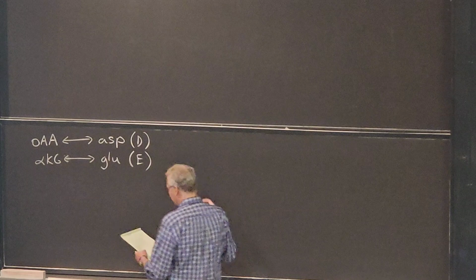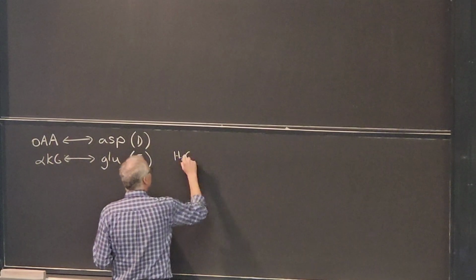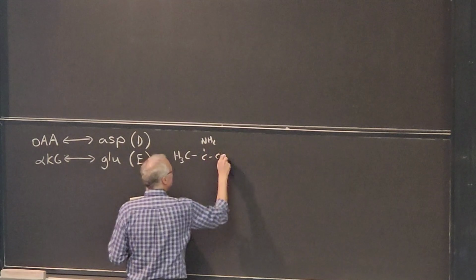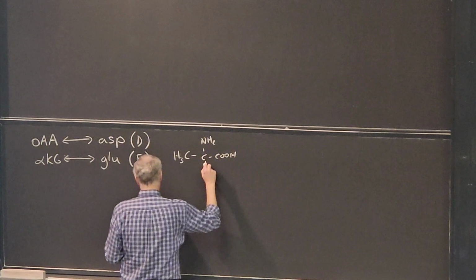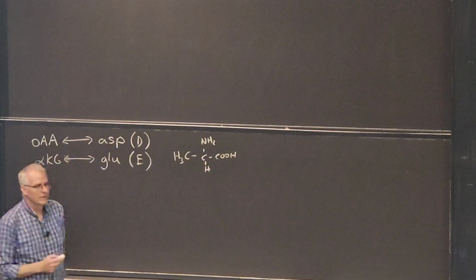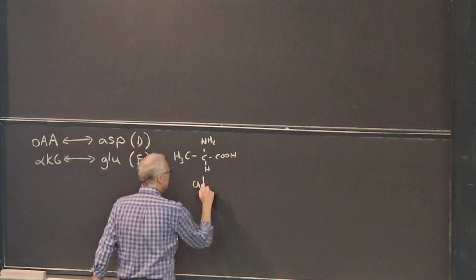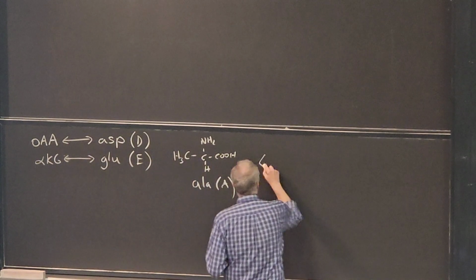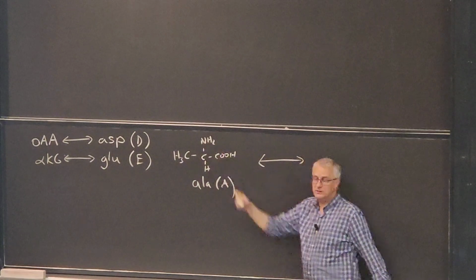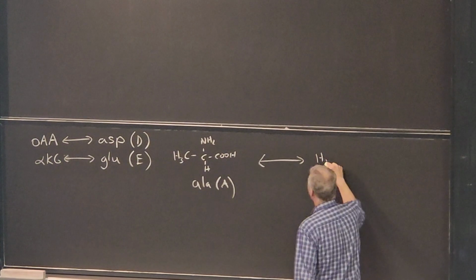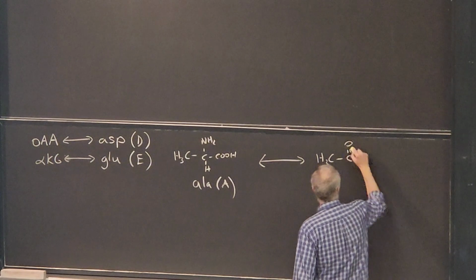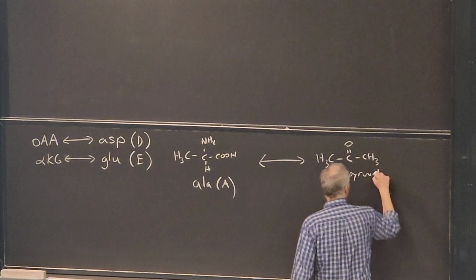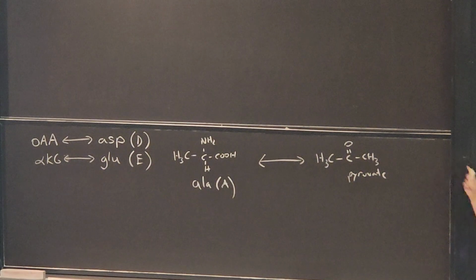I'll draw another one just to drill the point in. Here's the amino acid. So this here is the amino acid alanine, A-L-A, A. If I swap out this amino group for a keto group, I get a molecule I've probably drawn 500 times over the past 5 weeks, pyruvate.